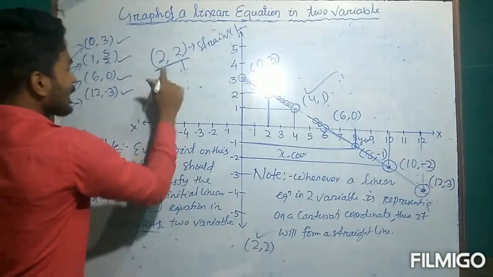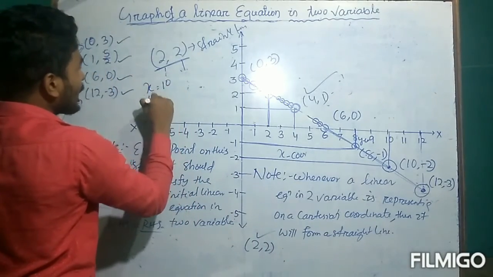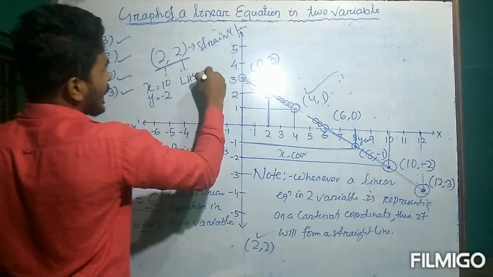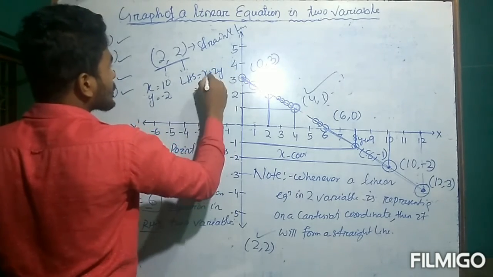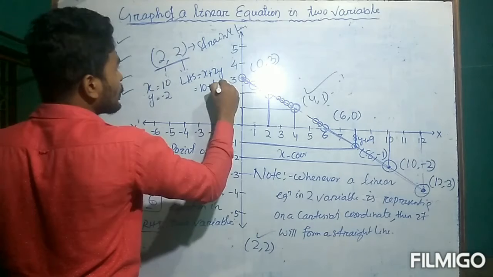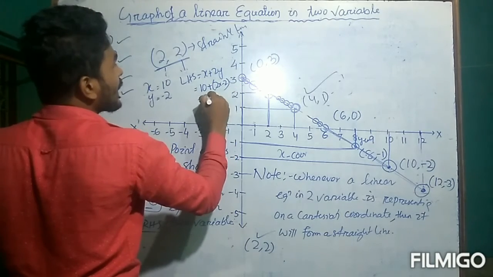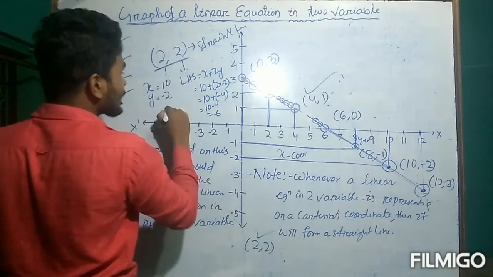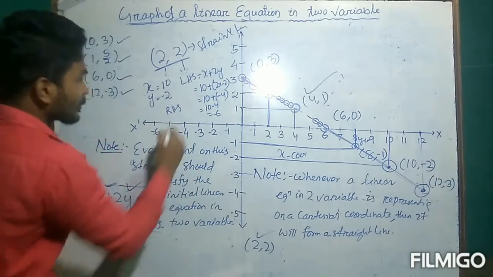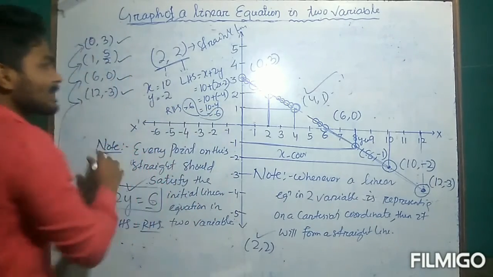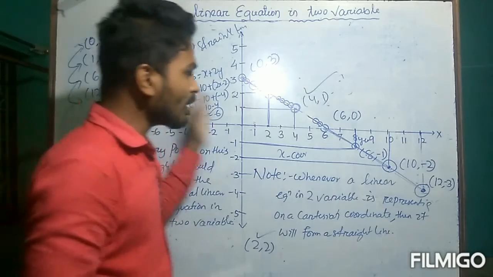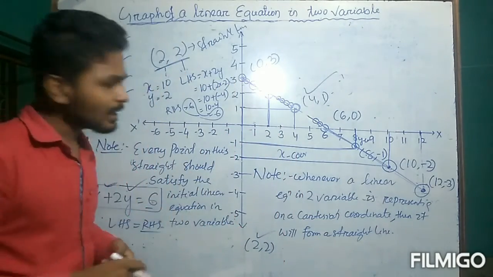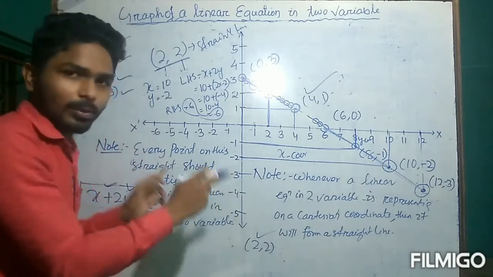So our LHS is x plus 2y. So x is 10 plus 2 into -2. So 10 plus -4. 10 minus 4 is 6, and your RHS also 6. So here also LHS is equal to RHS. So it is now confirmed every point on this line should satisfy the original equation. These are the most important notes.